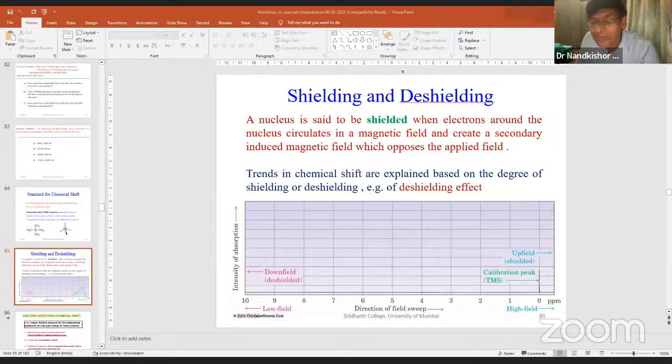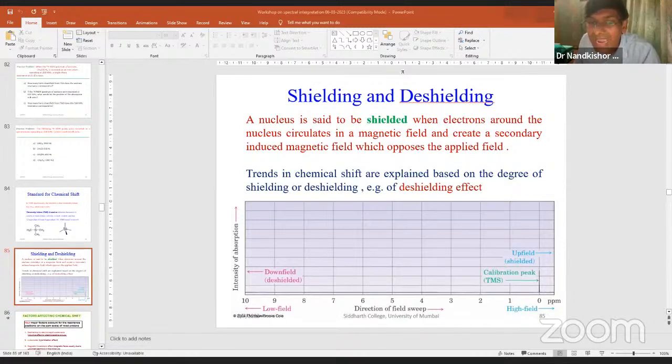Opposite in direction, that means the required magnetic field will be more. That means this denominator will be high, and ultimately this will be low. You understand? If the required magnetic field is high, then this will be low.